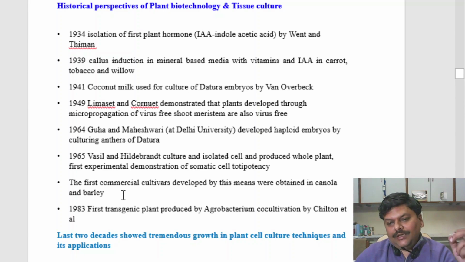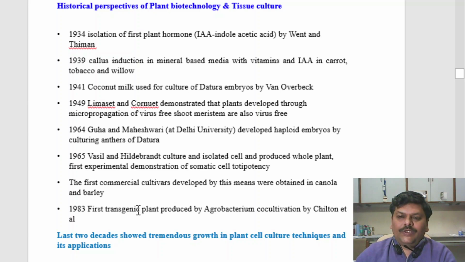And the second component, which I said is related to plant biotechnology and genetic engineering: it has been known that a bacterium called Agrobacterium is able to change the genetic composition of a target plant. But in the laboratory, Agrobacterium was first used in 1983. The paper was published in one of the most reputed journals, Nature, and the first transgenic plant was developed using Agrobacterium in tobacco.